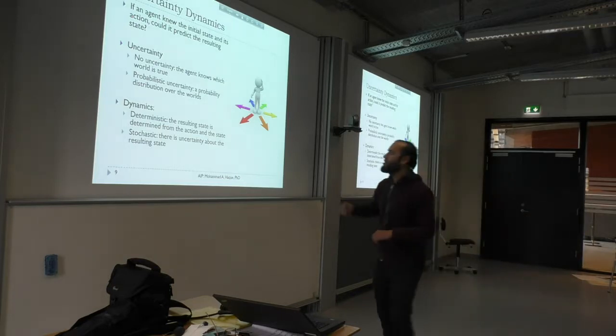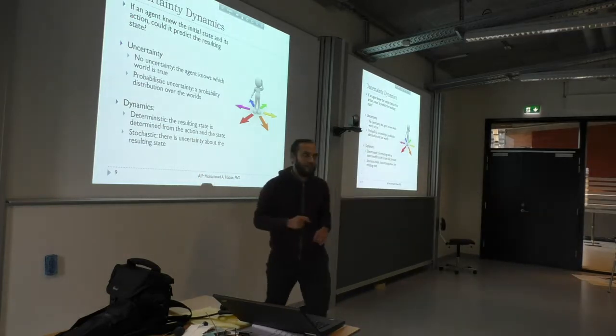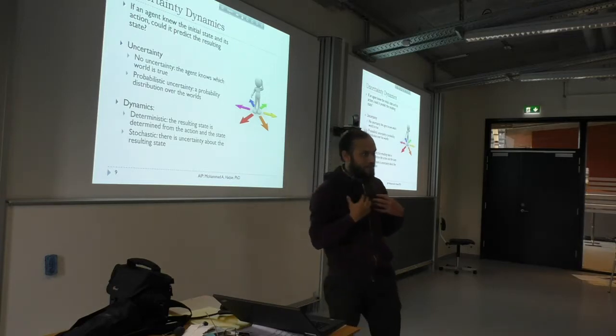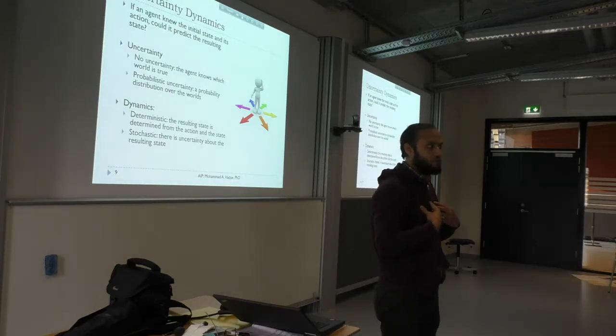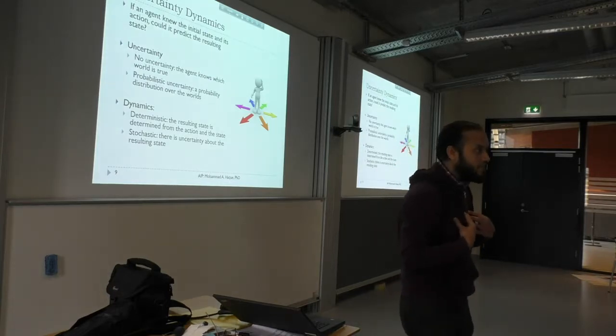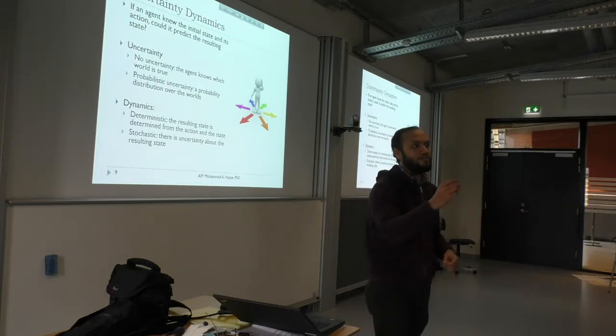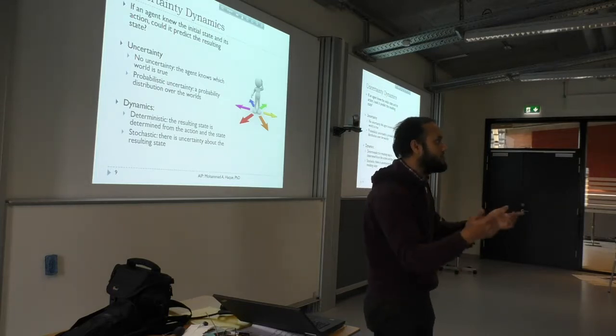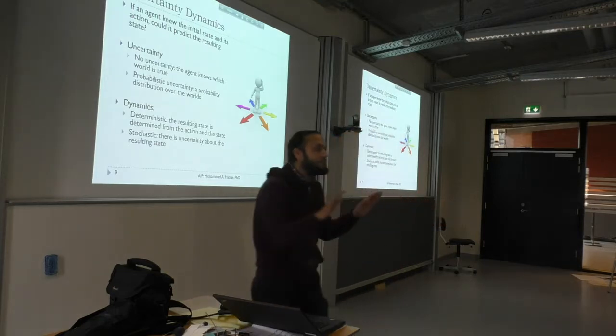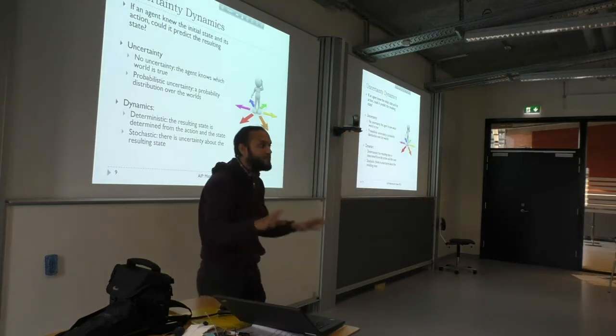This is what we call probabilistic uncertainty: as an agent, I don't know exactly what will happen, or I am still having difficulty to decide, but I am now calculating that this is more likely and this is less likely among two different states. So there can be a distribution of probability between the states.